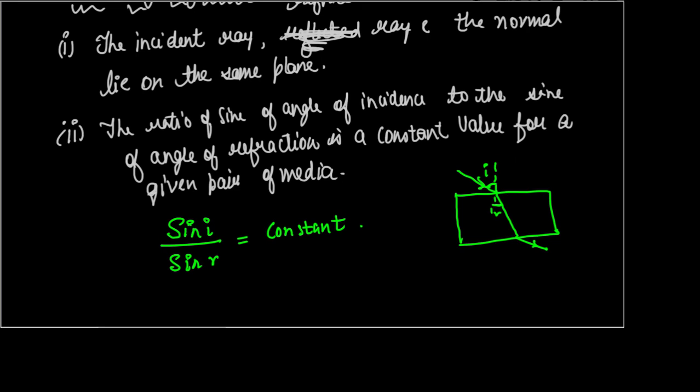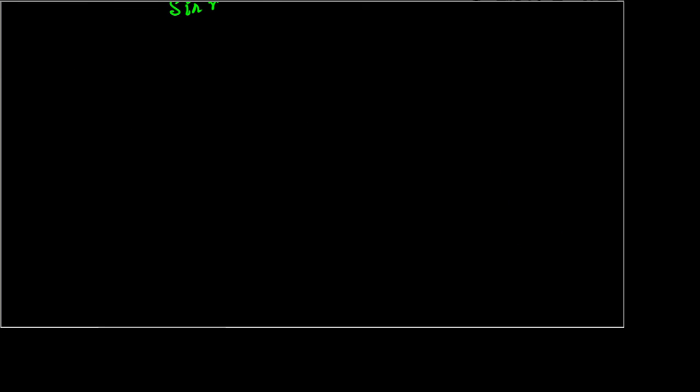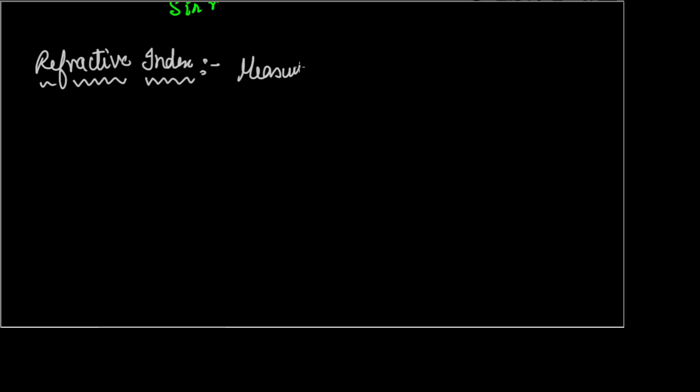Okay. Now we come to the concept of refractive index. What is refractive index? Basically refractive index is a measure of bending, a measure of the amount of refraction that can take place in a given optical medium.